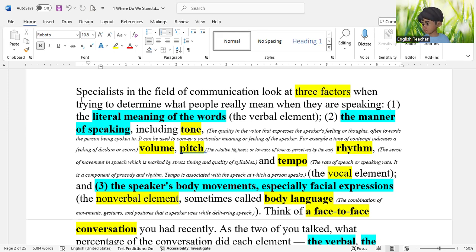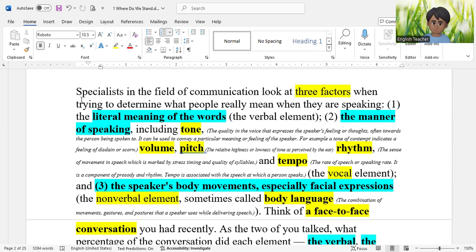Tone is actually the attitude you show toward the subject matter or toward the person you are talking to. The tone can be used to convey a particular meaning or feeling of the speaker. Sometimes you may speak in such a way that people understand that you don't like them, or sometimes you may speak in such a way that people think you deeply love them.